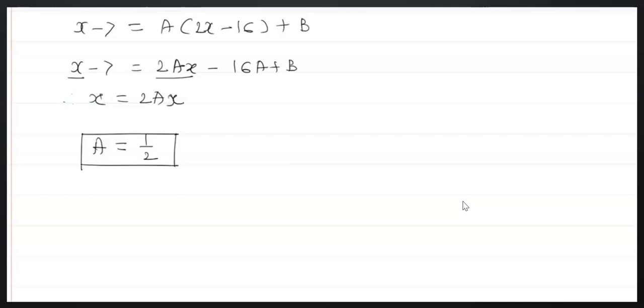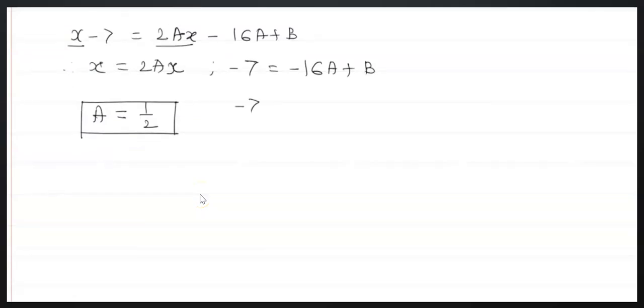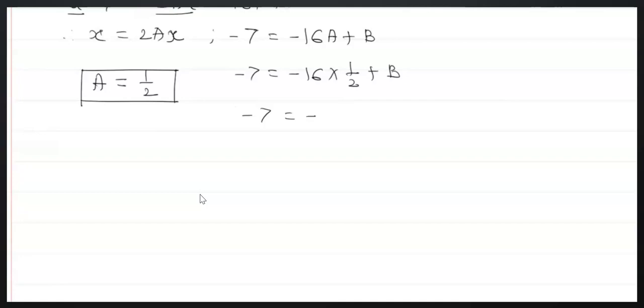Now, to find the value of b, minus 16a plus b is equal to minus 7. That is minus 7 equals minus 8 plus b. Therefore, b is equal to 1.